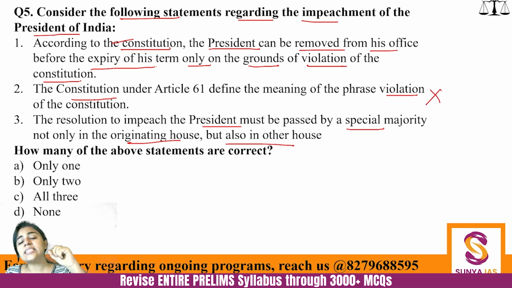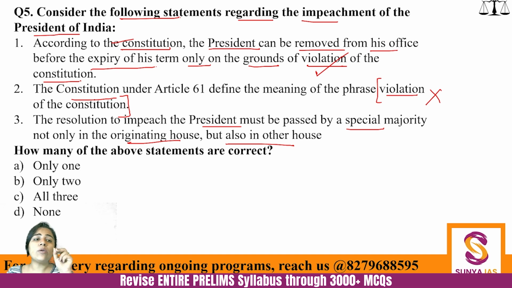When you know the second statement is incorrect, you somehow can gather that this might be the phrase that is actually given in the Constitution for the presidential impeachment. And by that logic, even if you are not able to remember, you can simply make this intelligent guess that yes, the first statement is giving this and violation of the Constitution must be a ground, although you should be knowing this. So the first statement is absolutely correct.